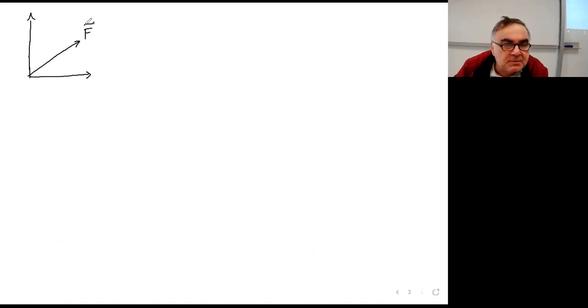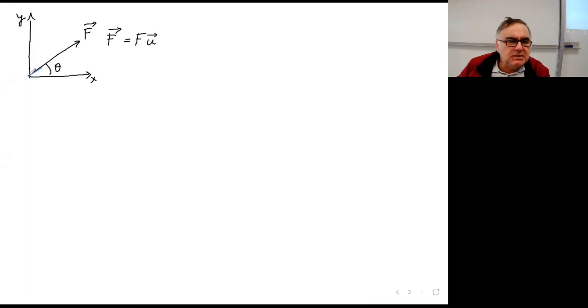Let's say that this is our force. Let's say this is an angle theta. Okay. The force F, let's see, this is X and Y. The force F can be written as its magnitude times the unit vector. Okay. The unit vector is the vector in this direction.